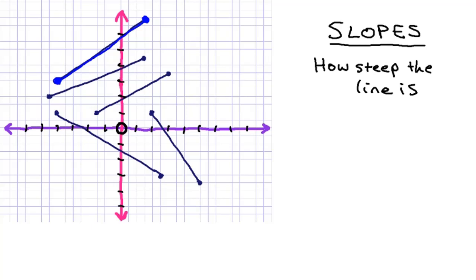And then I have another line that starts at this point, and it's not as steep. It's still kind of steep, but it's not as steep, and it goes up to this point. I have this line, this is pretty steep too. This starts down here and goes up at a sharp incline like this. And then I have these ones that are pointing down.